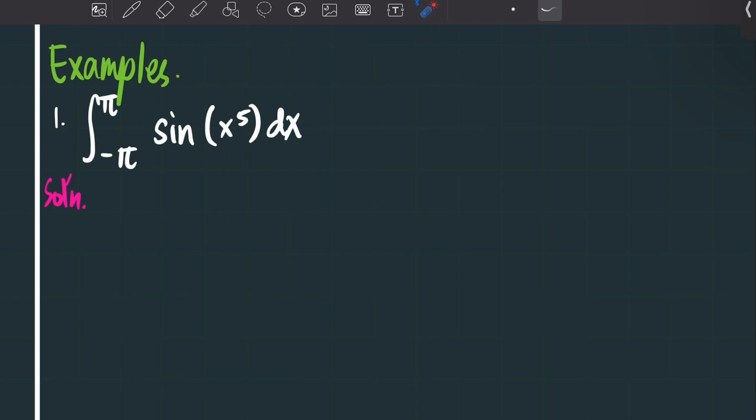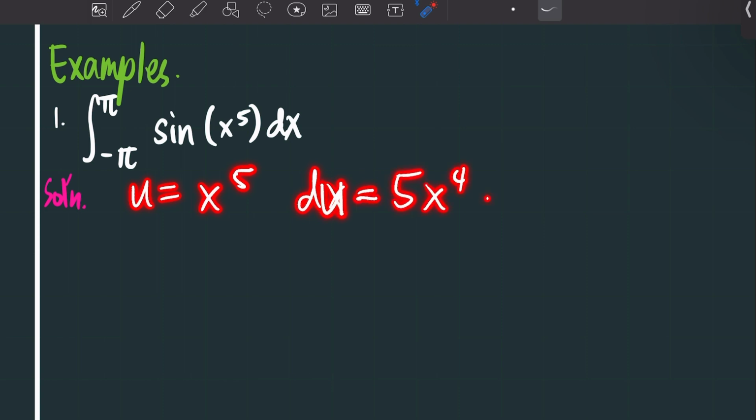So let's assume hindi natin alam yung theorem. So paano magiging approach natin dito? Since may x raised to 5 sa loob ng sine, ginagawa natin, we let u to be equal to x raised to 5. So yung du natin rather, is 5x raised to 4 dx.